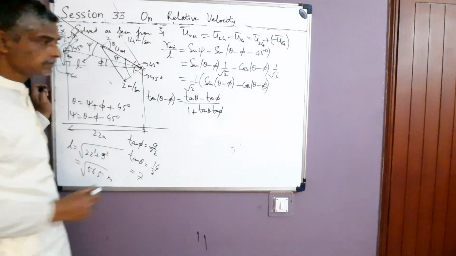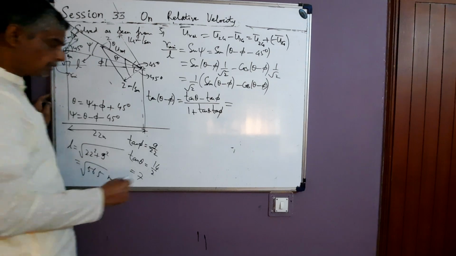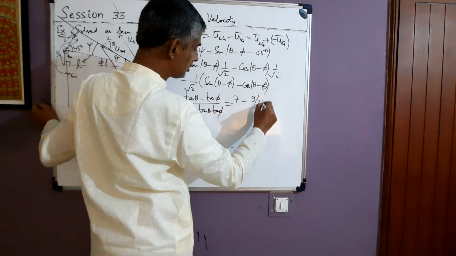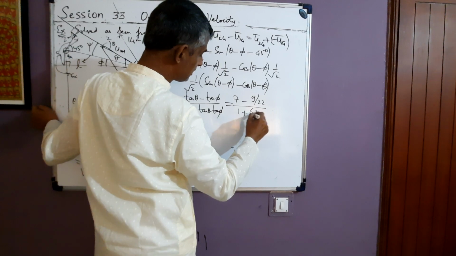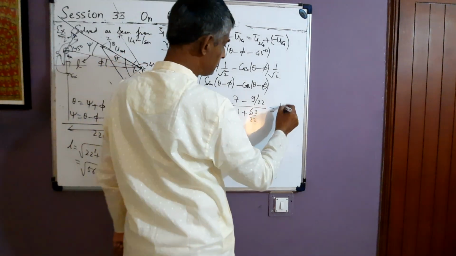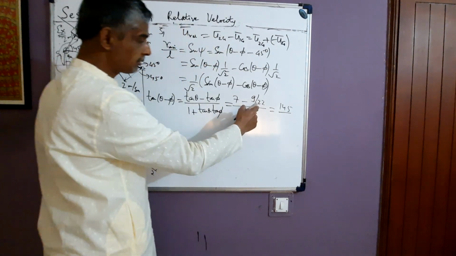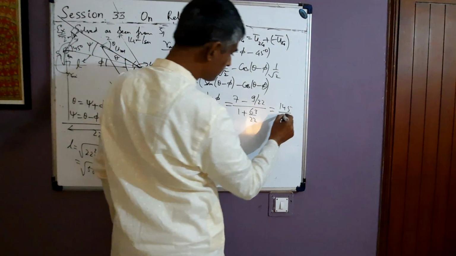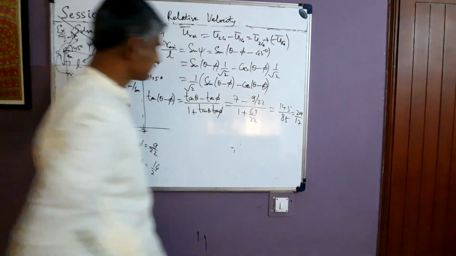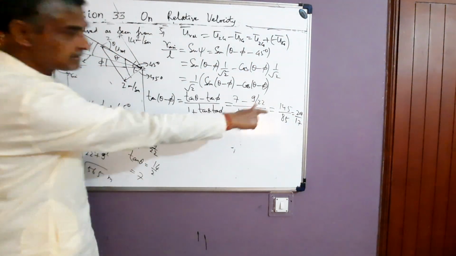We can write it this way. So tan theta is how much? 7. Tan phi is how much? 9 by 22. 1 plus 63 by 22. So this becomes 145 by, this will be 154 minus 9, 145 by 85. This becomes 29 by 17. So tan theta minus phi is this much.